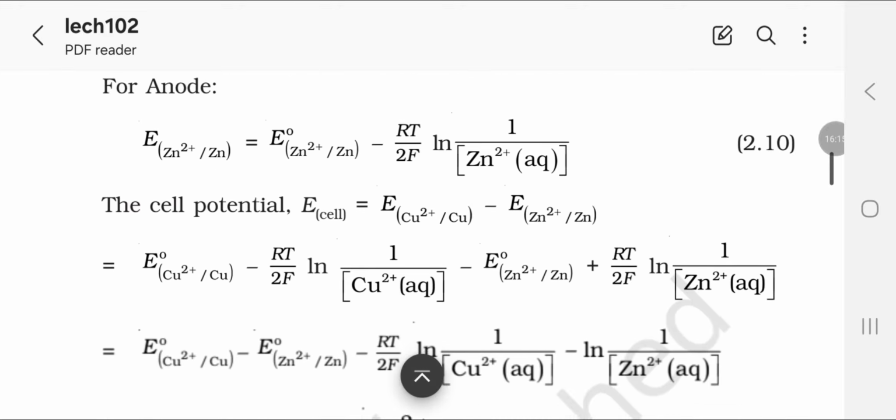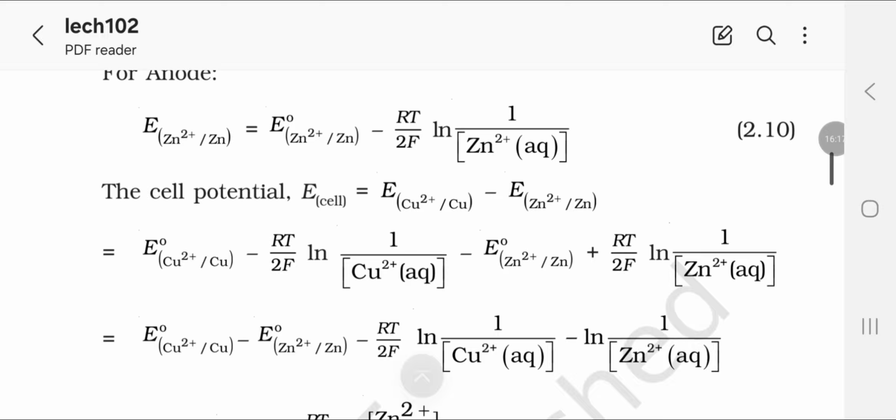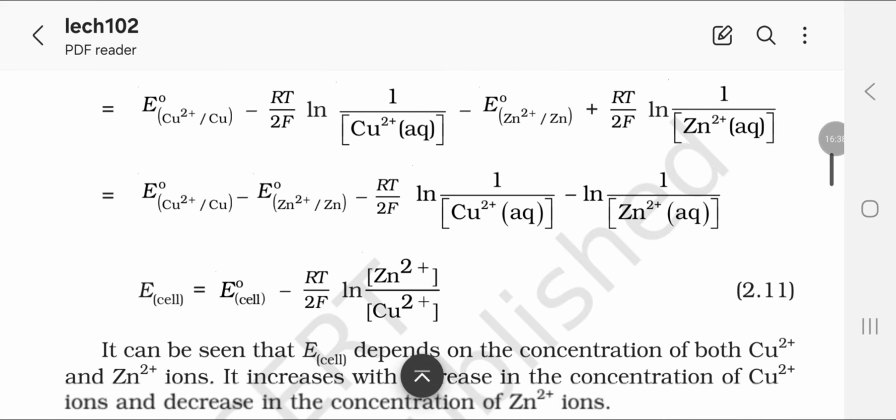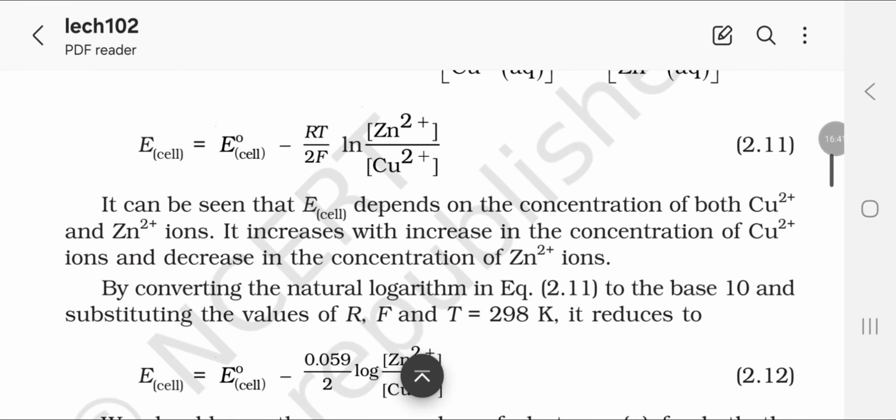For the anode, E(Zn2+/Zn) equal to E°(Zn2+/Zn) minus RT by 2F into ln of 1 by Zn2+ aqueous. The cell potential is Ecell equal to E(Cu2+/Cu) minus E(Zn2+/Zn). That is, Ecell is equal to E°cell minus RT by 2F into ln of concentration of Zn2+ by concentration of Cu2+.